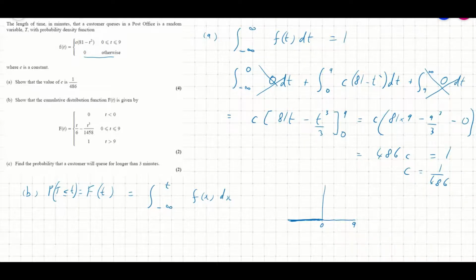So it looks like this. It starts there and it comes down to there, because in this case, although not always, when t is 9, this f(t) becomes 0, and then when t is greater than 9, again it's 0.